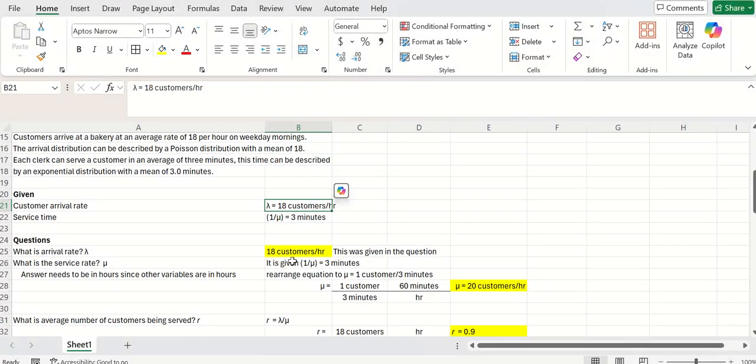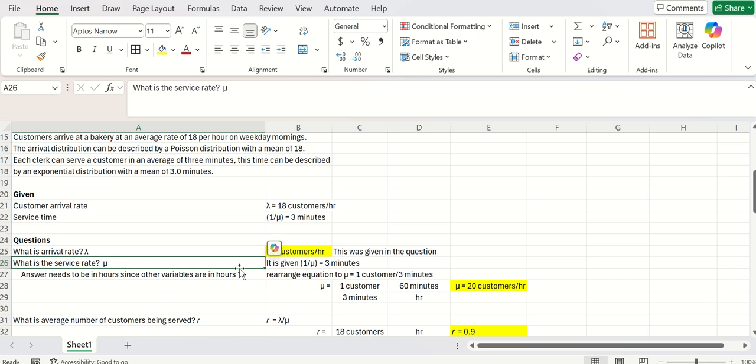Arrival rate was given, that's 18 customers per hour. The next question is, what is the service rate? Well, we were given service time and not the service rate. And there's a difference here. The service rate is represented by mu, and the service time is represented as 1 divided by mu.